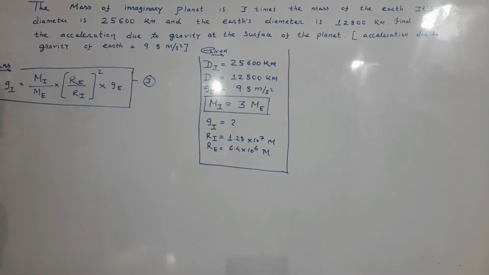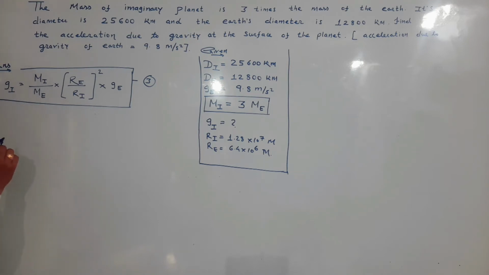Now we will try to put all the values in equation 3. Here Ge is given to us, Re and Ri we have found, but Mi and Me we have to find out.